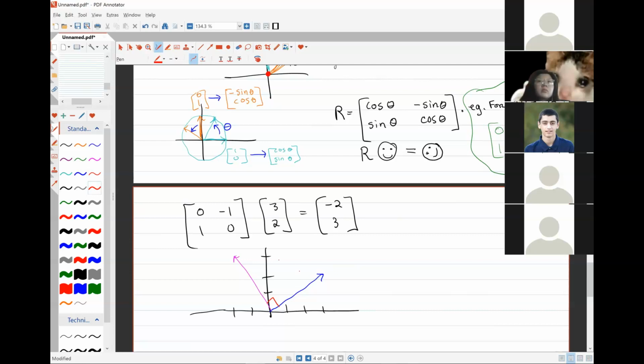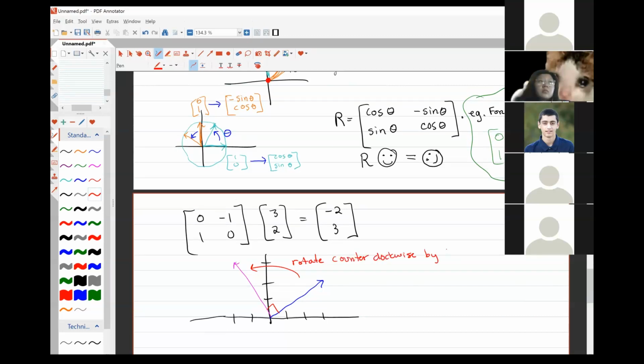And that's exactly what happened. So we rotated counterclockwise by pi over 2 radians. And the one for 90 degrees is simple to compute, but no matter what your theta is, that matrix works. Cosine, minus sine, and sine, cosine.